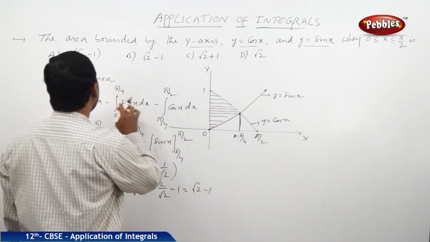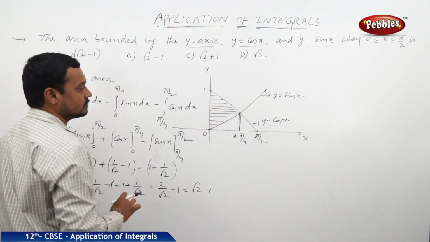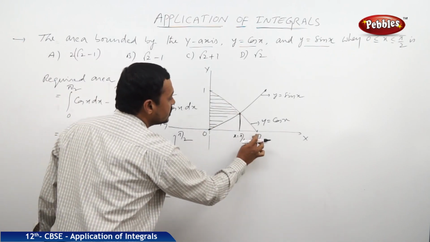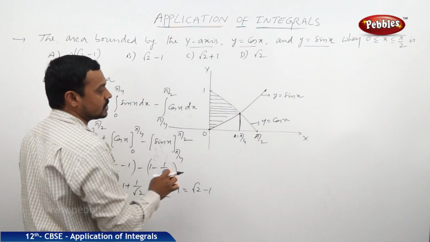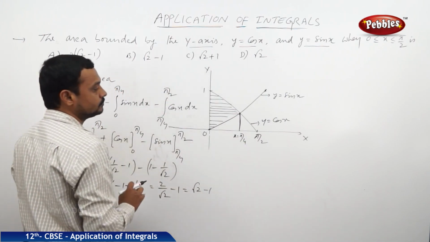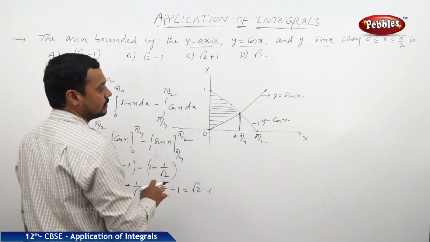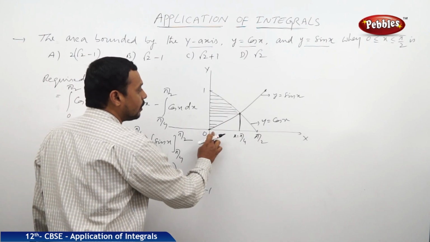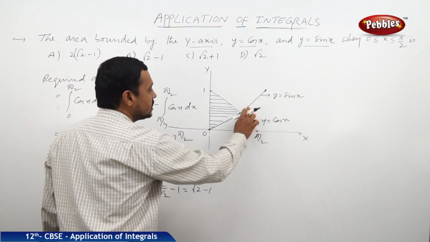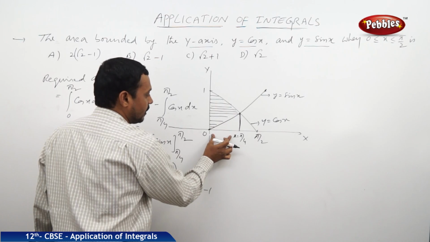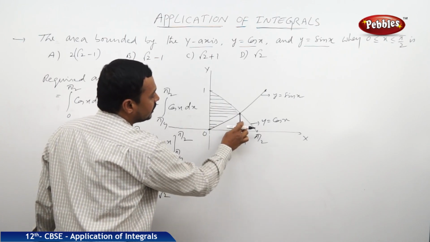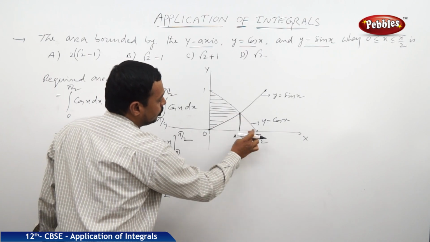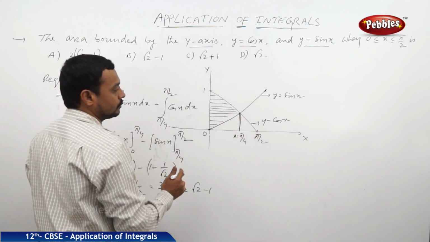Now that required area is the area of the region bounded by y is equal to cos x between 0 to pi by 2, minus the area of the region bounded by y is equal to sin x from 0 to pi by 4, minus the area of the region bounded by y is equal to cos x from pi by 4 to pi by 2.